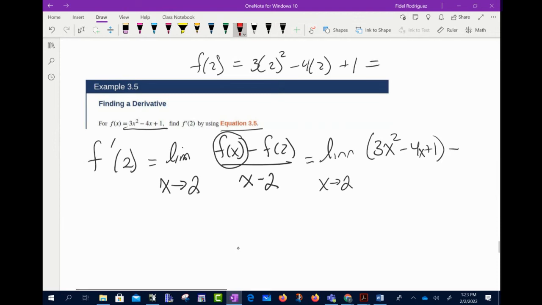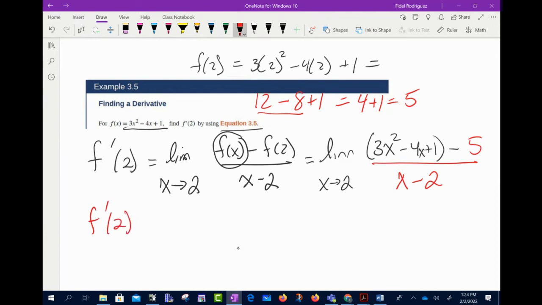Okay, so let's do that. 2 squared is 4, times 3, 12. Minus 4 times 2 is 8, plus 1. Let's see. 12 minus 8 is 4, plus 1 more is 5, boom. All over x minus 2.